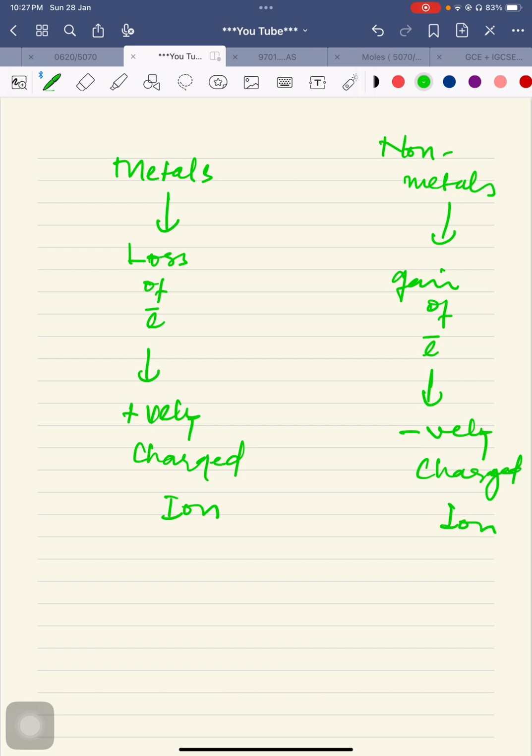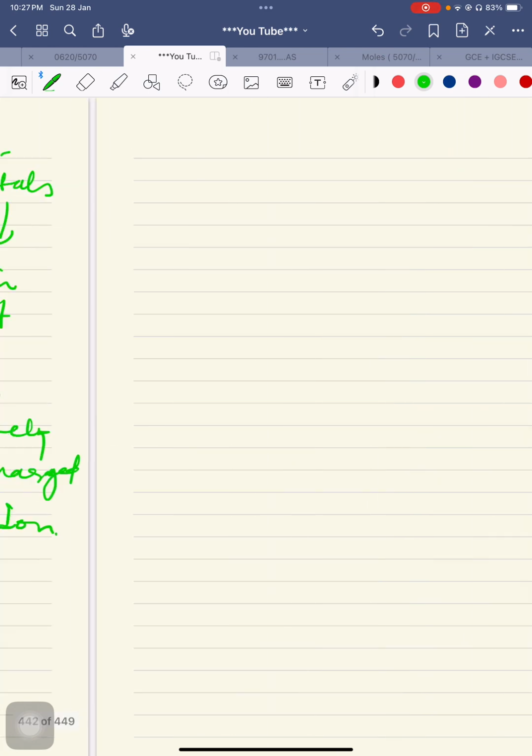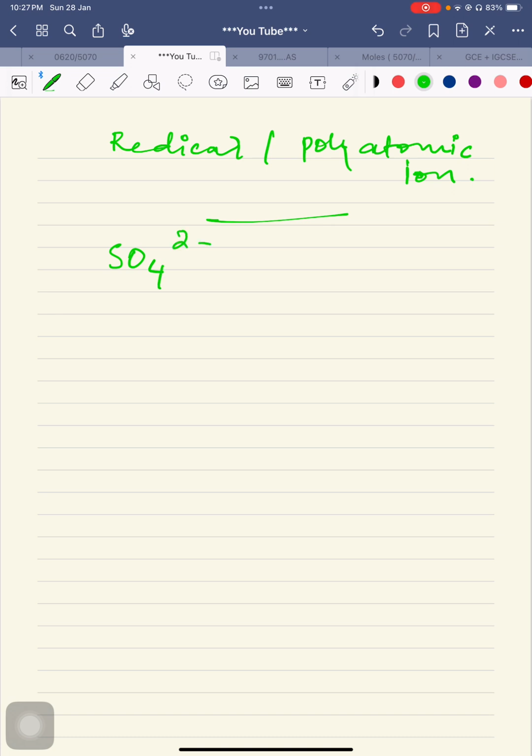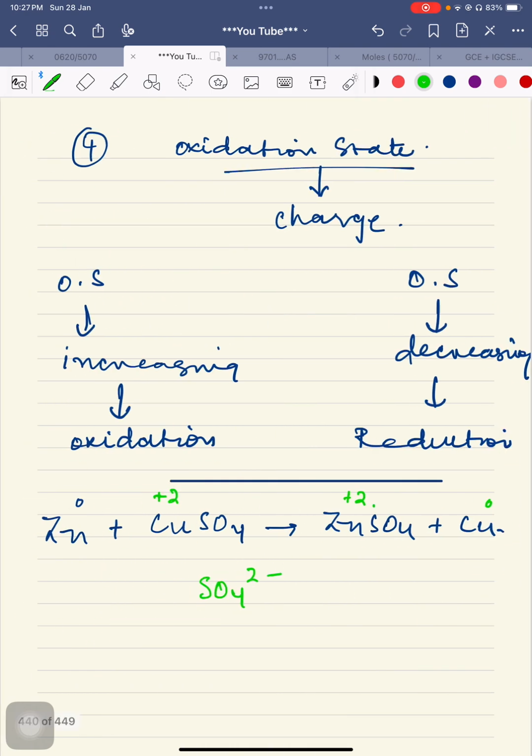And then there is one more concept, which is called a radical. A radical is also called a polyatomic ion. The list of radicals has already been shared with you. This is called sulfate. It has a charge of -2. So here you can say that it was -2 before reaction and -2 after reaction. So no difference in case of sulfate.